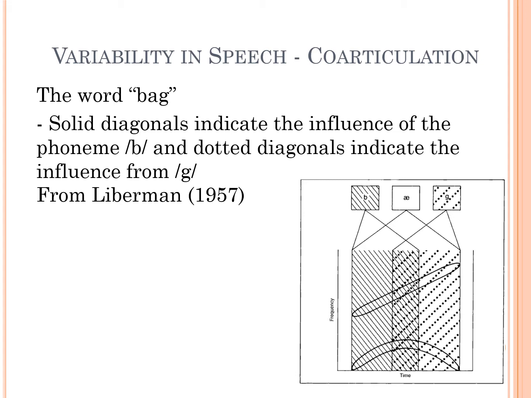And the g, making the g from bag, is influencing how we're producing the ah sound, all the way where we see those diagonal dotted lines. So bag, we're going to produce that ah sound very differently than when we're saying something like had, and yet perceptually we hear it as ah sound.